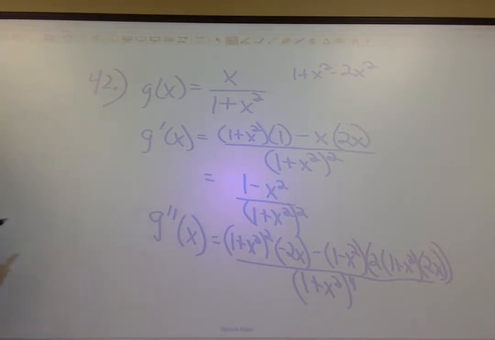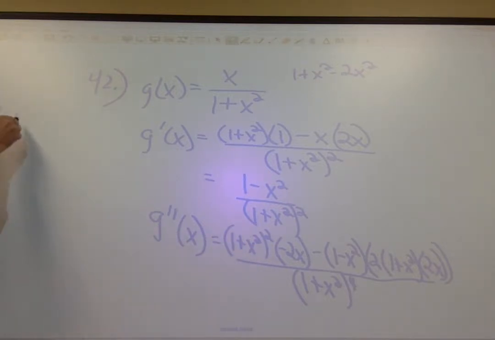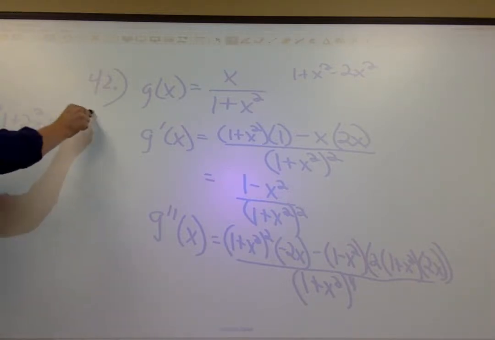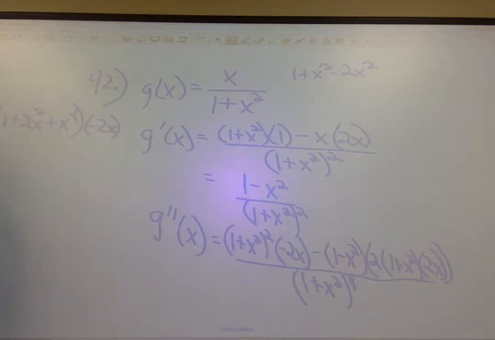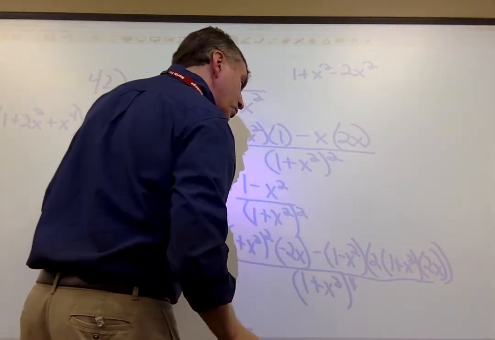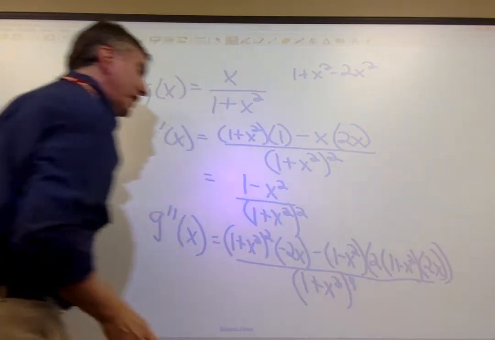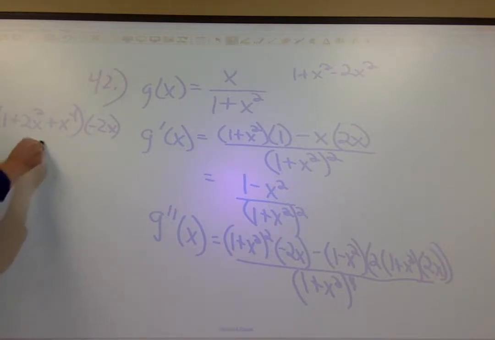Let's see. If I brought it up here, that is 1 plus, if I distributed this out, 1 plus 2x squared plus x to the 4th. Is that good? Times negative 2x. And then I've got, oh, look at this. I see something. 2 times 2x is 4x, so that's going to be minus 4x.